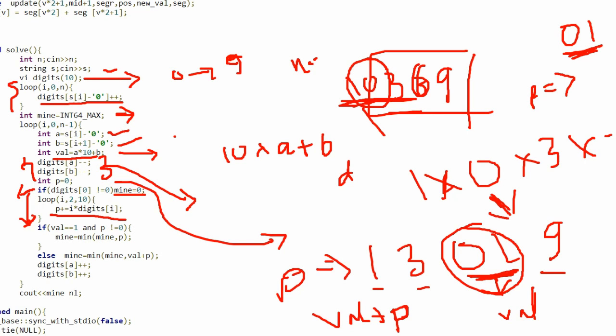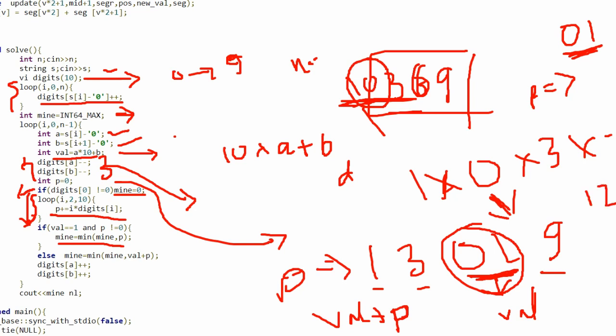So if this is not the case, the value equals to 1, and we are able to get some one digit number, that is p is not equal to 0 from here, then we will take mini equals to minimum of mini comma p. And what p stores is the sum of the one digit number. Or if the value of val is not equal to 1, it's something else.